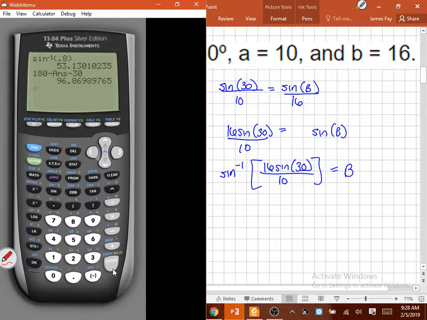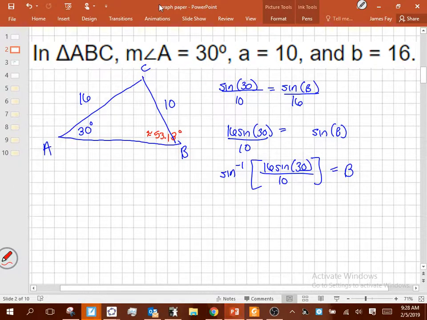Okay, so in the last class we went through the practice of saying, well, if that's 96.87, when I go through and try to solve this triangle, I try to solve for this length C down here. I want to find all 6 parts, right?